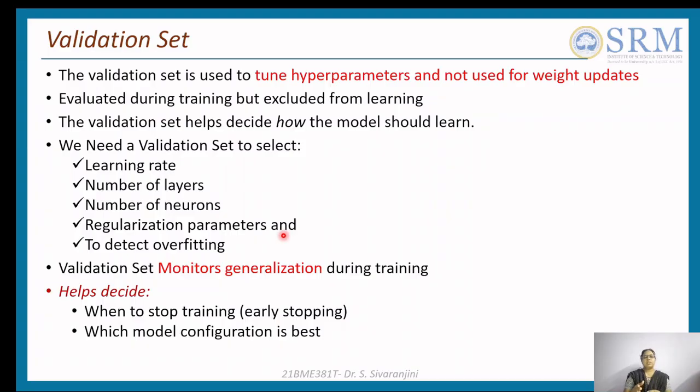Similarly, when the validation set is given to the network, whatever the model has trained and learned will be applied over the validation set. So the validation loss should also come down. When the training loss goes down in a good way, the validation loss should also go down in a good way.